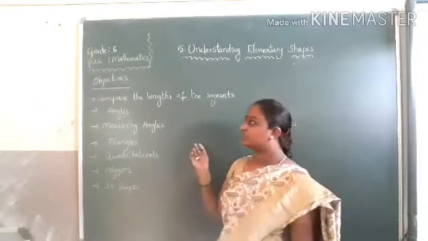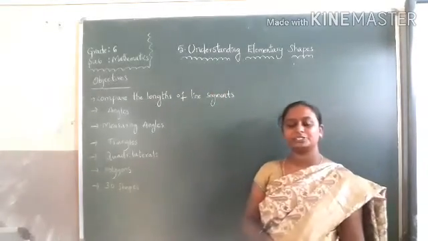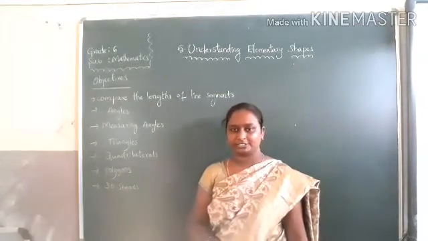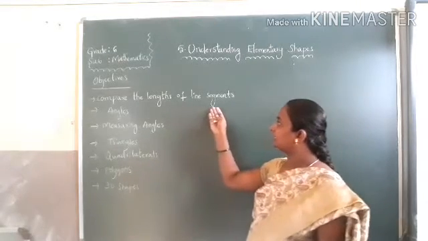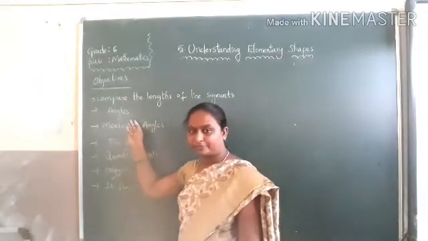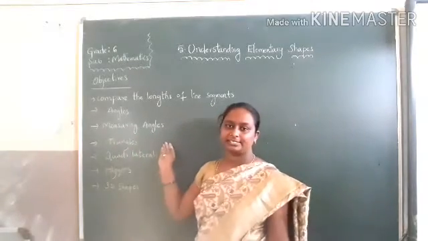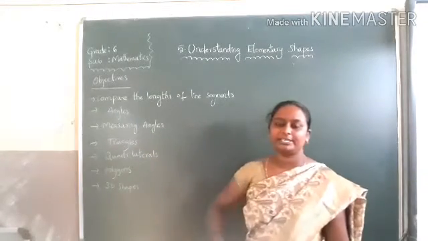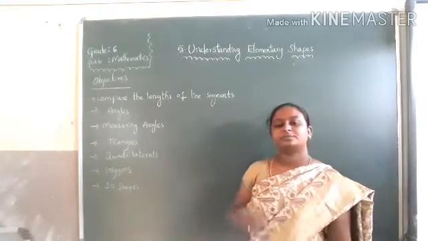So today I want to start the new chapter, that is understanding elementary shapes. What is our new chapter? Understanding elementary shapes. In this chapter you will learn how to compare line segments, how many types of angles, how angles are formed, and how to measure angles. Next, classification of triangles: how many types of triangles, and triangles are based on what?